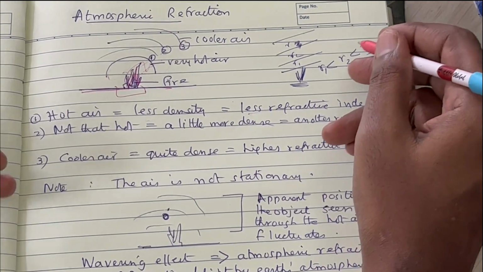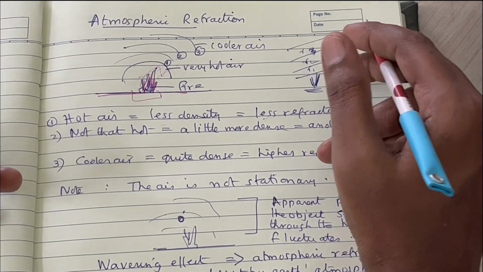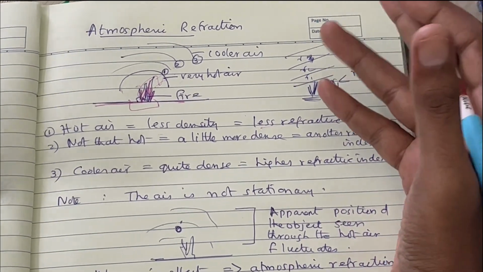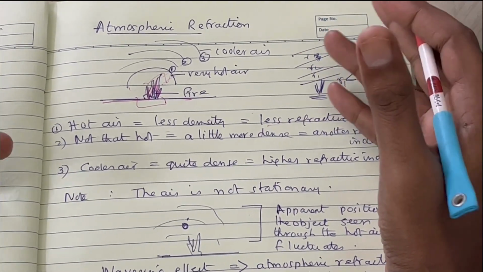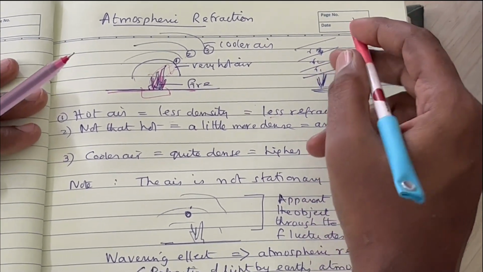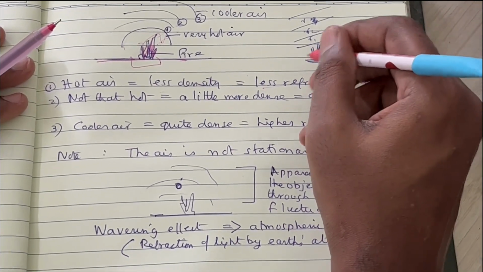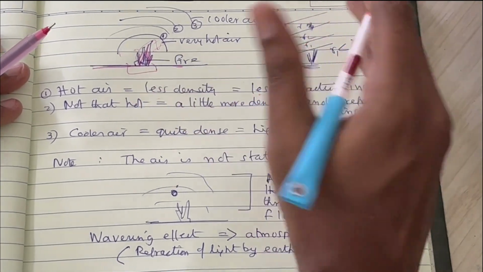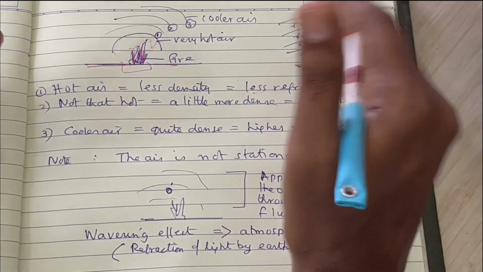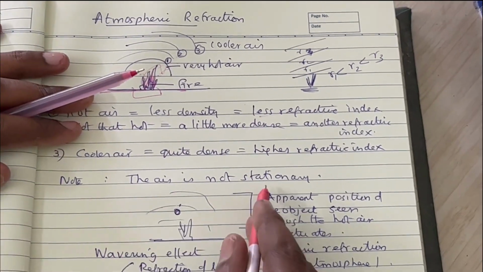This basically means that the cooler the air, the denser it is, which means the refractive index would be higher. Now this difference of refractive index, along with the fact that the air near the fire is not remaining stationary, that is, there's movement of air, causes a very interesting effect.